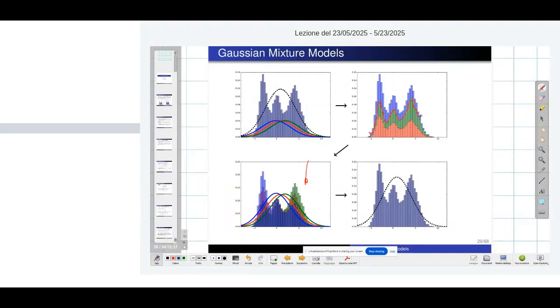So if I look at it from the point of view of a histogram, I can imagine that if fractions of points have been assigned to clusters, if I have lots of points in a bin, that's more or less similar to saying I have this overall amount of points assigned to that cluster. The equivalent number of points is the sum of the fractions of samples that have been assigned.